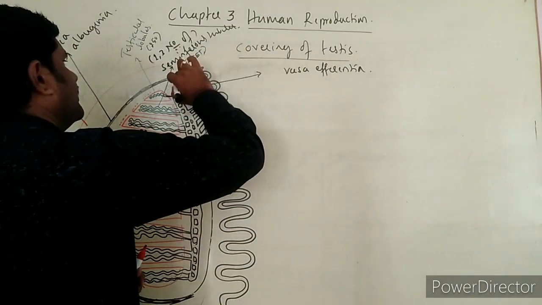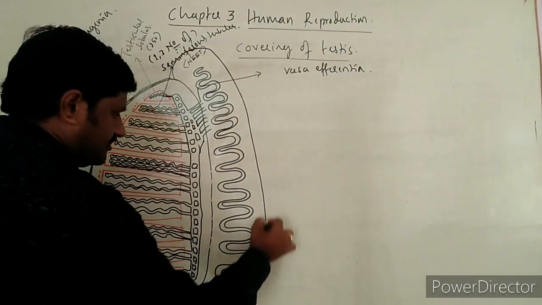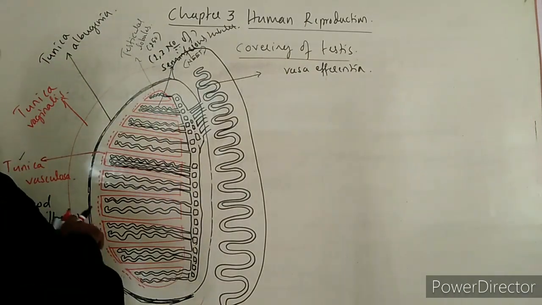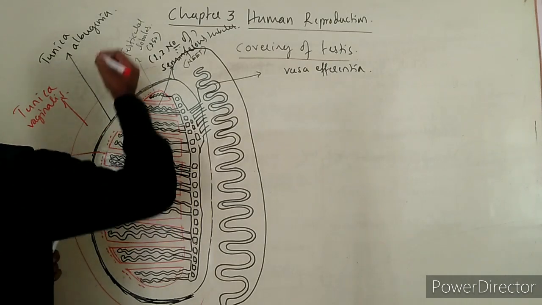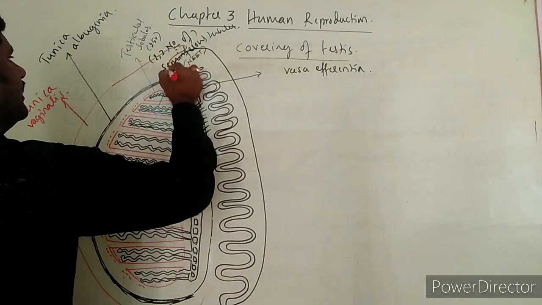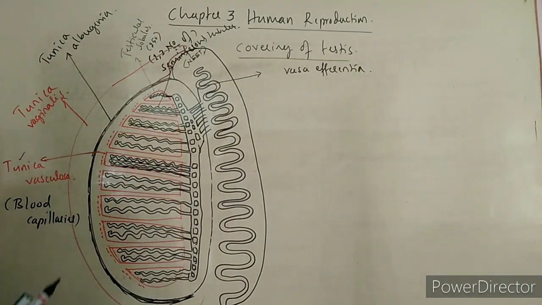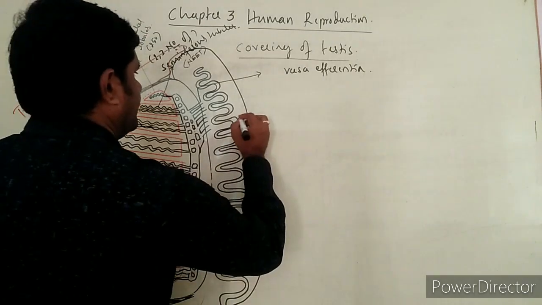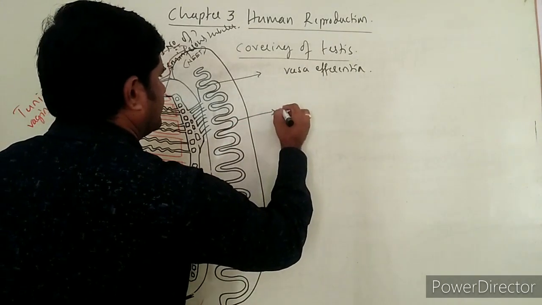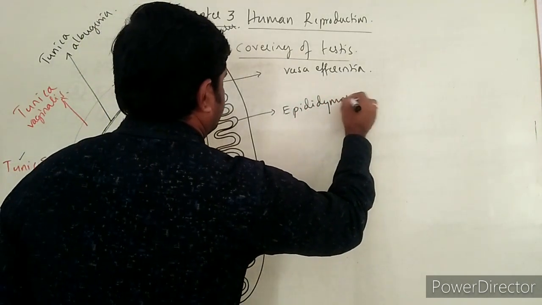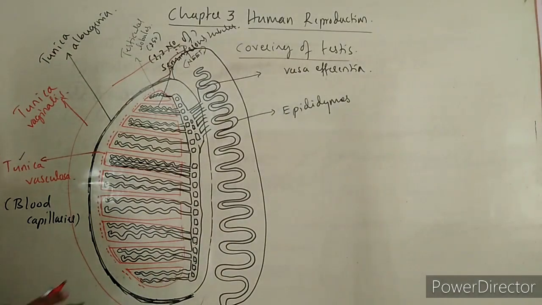Okay, so this forms the entire structure of this testis, and the tunica vaginalis, whatever you are seeing over here, uncovers like this. This is the entire structure of the testis you are observing here. This highly coiled structure is called epididymis.